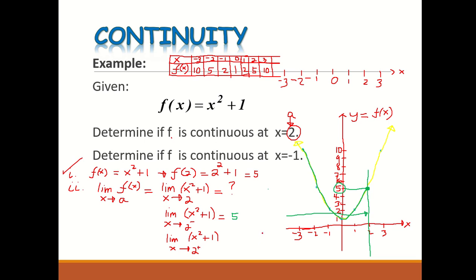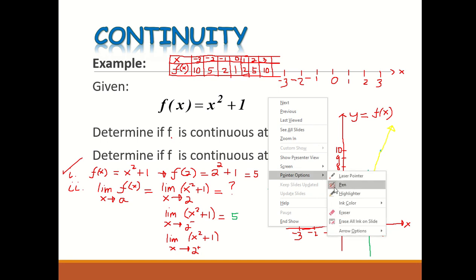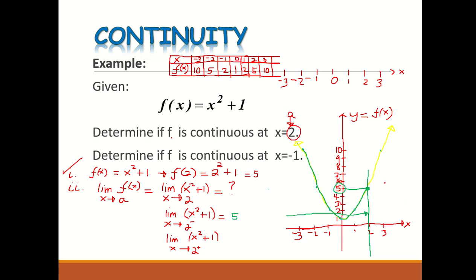Okay, so we need to trace the graph from the right towards the value x equal to 2. So the direction of our tracing of the graph is coming from the right, towards x equal to 2.